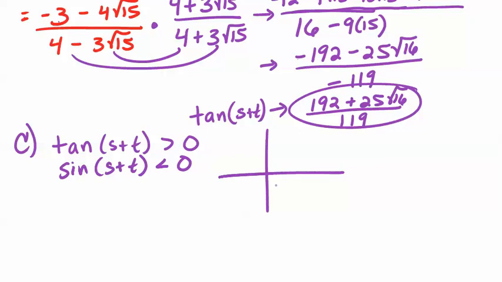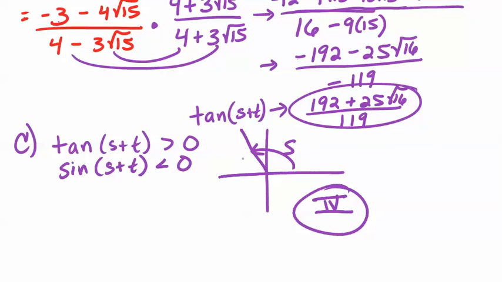Where is the sine negative but the tangent positive? That turns out to be quadrant 4. So the sum of our two angles. We started with an angle S, and then we added on to that an angle T. So our final angle, S plus T, turns out to lie in quadrant 4.